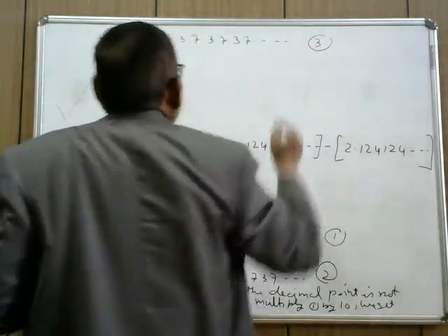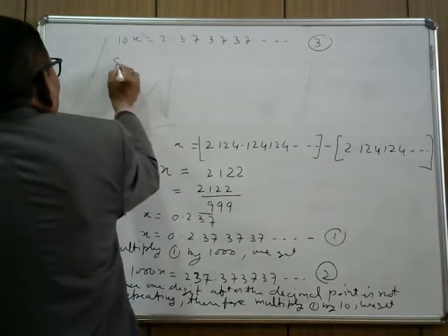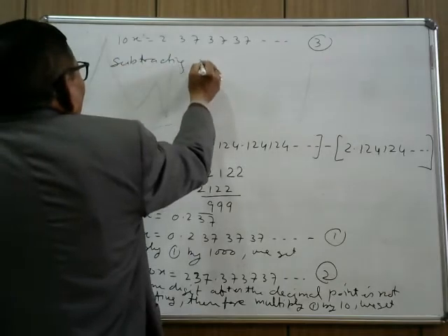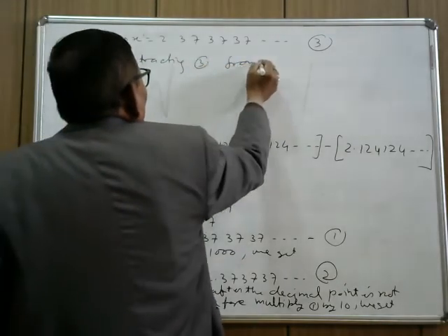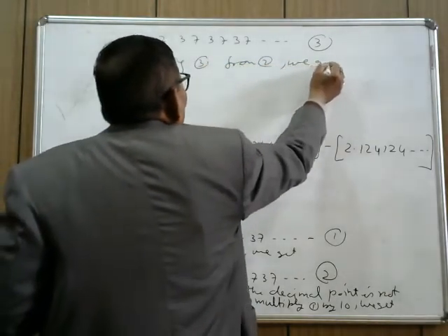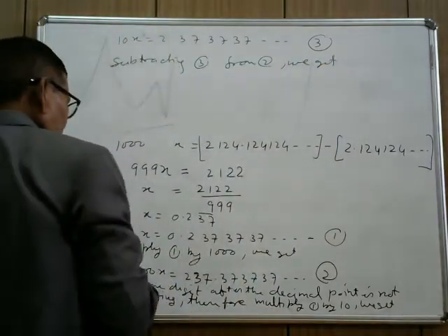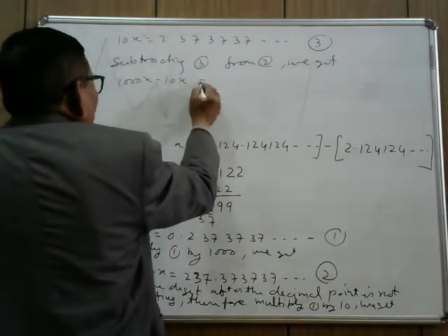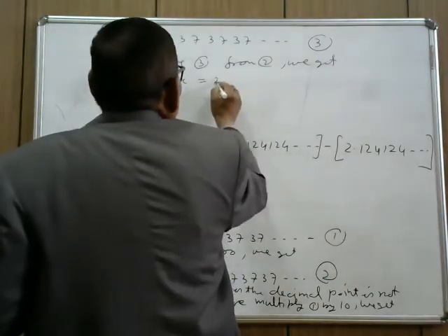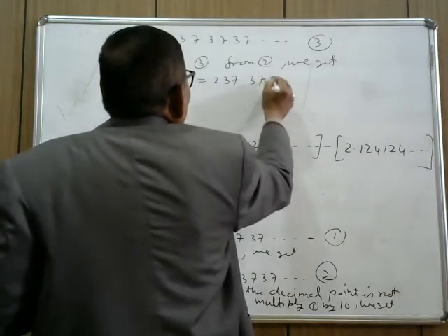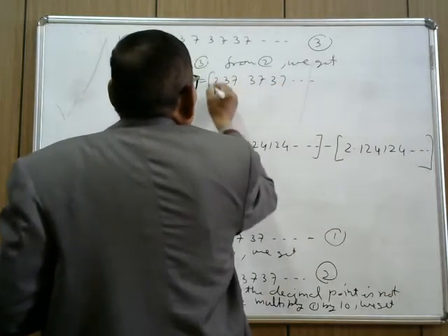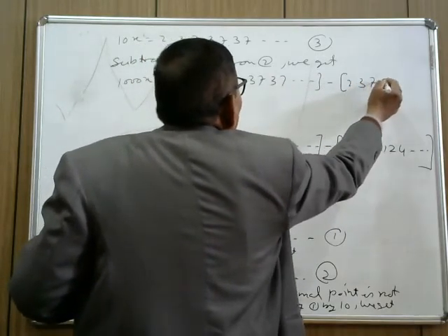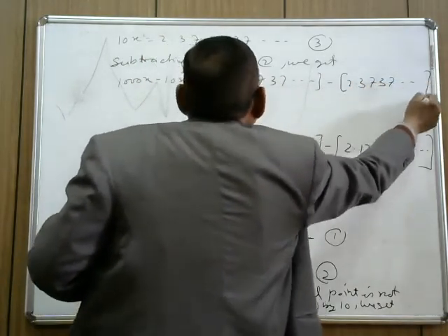This is 3. Now subtracting 3 from 2, we get 1000x minus 10x is equal to 237.3737 and so on, minus 2.3737 and so on.